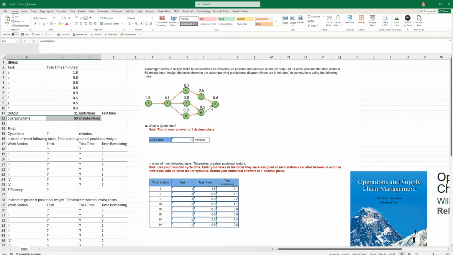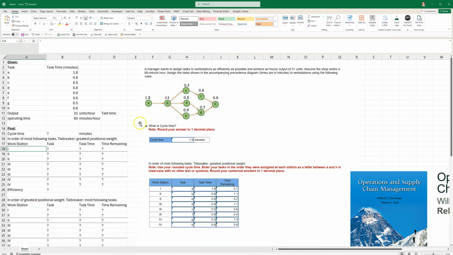So the questions are, first they want to find the cycle time, and then we want to order the tasks. It already has the tasks in the answer selection, but if you're doing this problem, you'd have to put these answers in. The first workstation has one operation by itself.